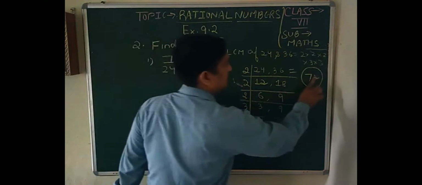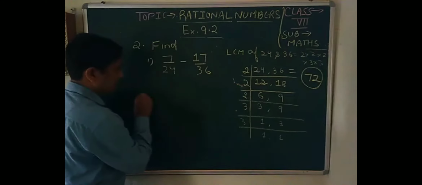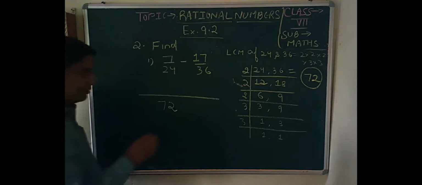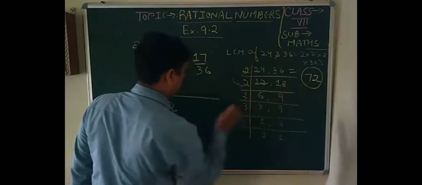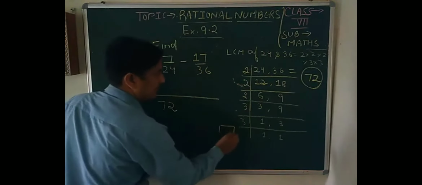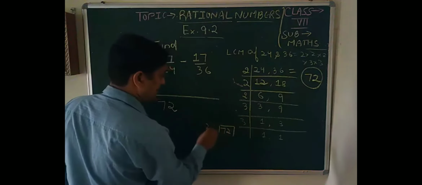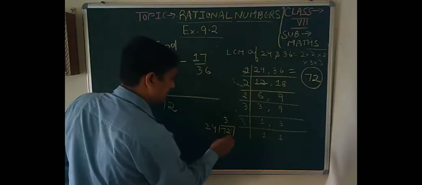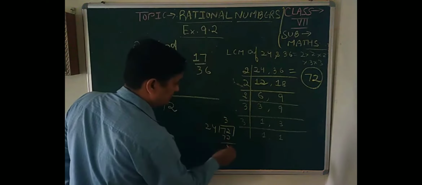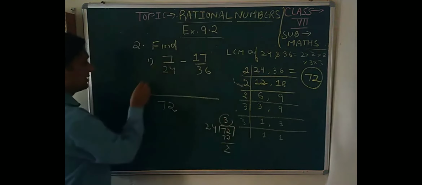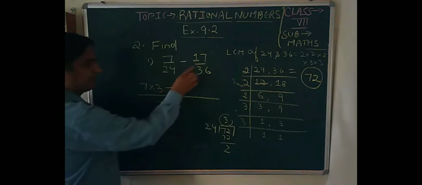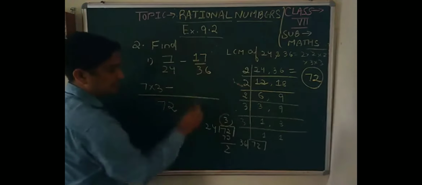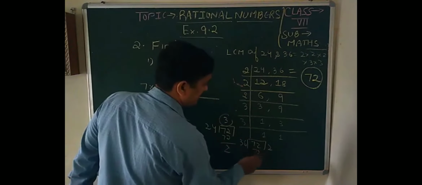So write down this LCM as the denominator, 72. Now divide this LCM by 24. 24 3s are 72. Now multiply this 3 by this 7, minus. Now divide this 72 by the second rational number's denominator, 36 2s are 72.